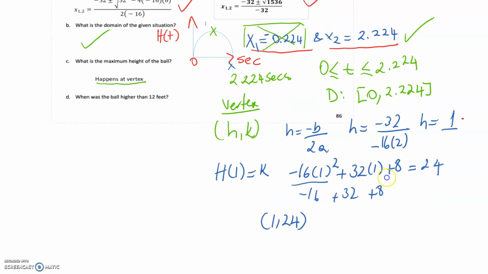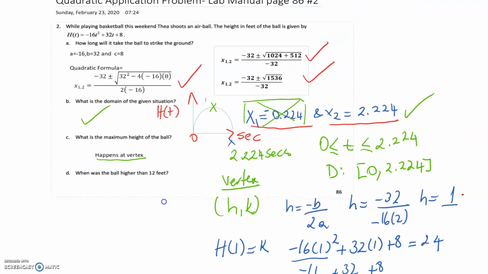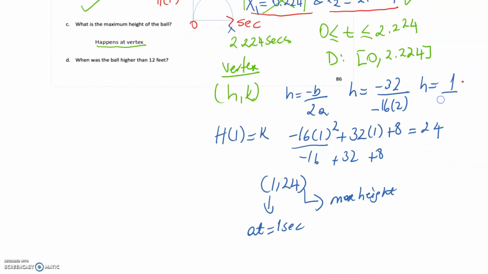So what does that mean? At 1 second, the ball is at the maximum height, which is 24 feet. The unit is feet. Here I answered that question also.